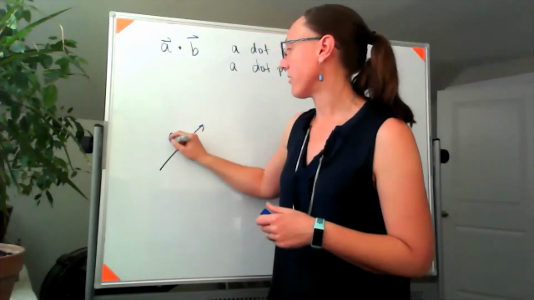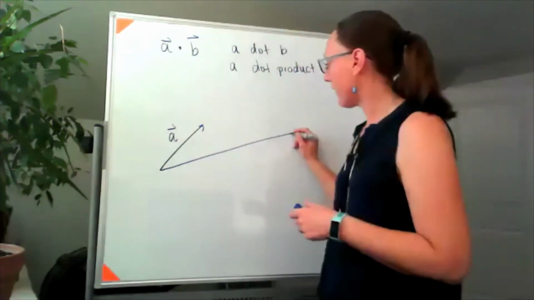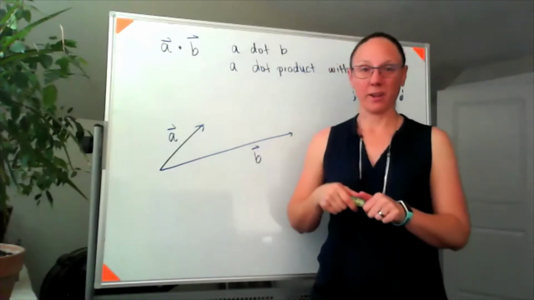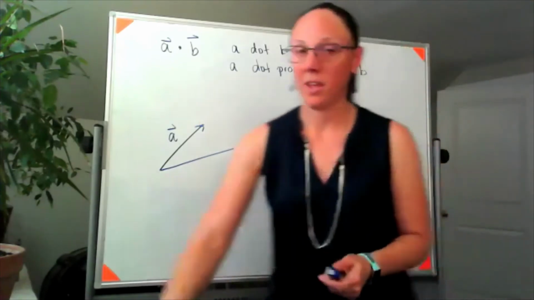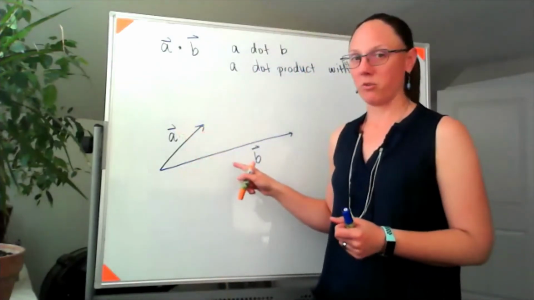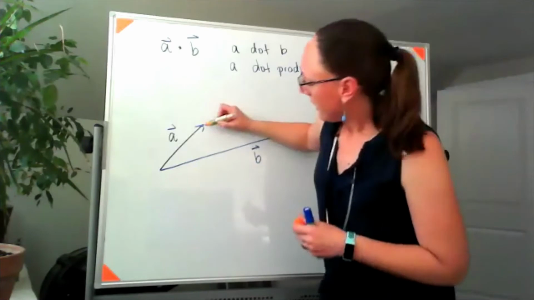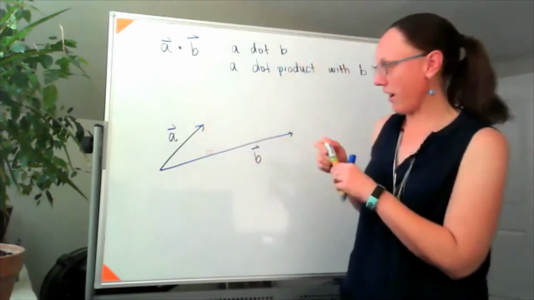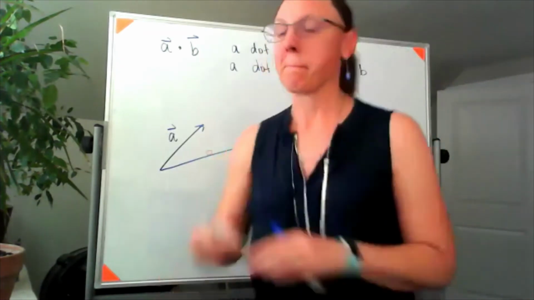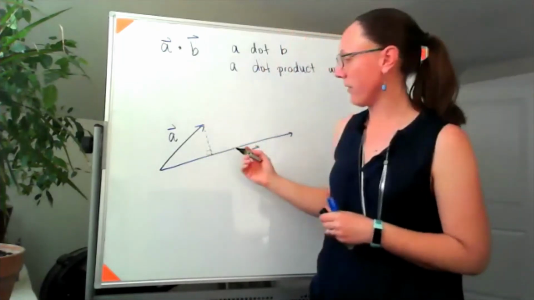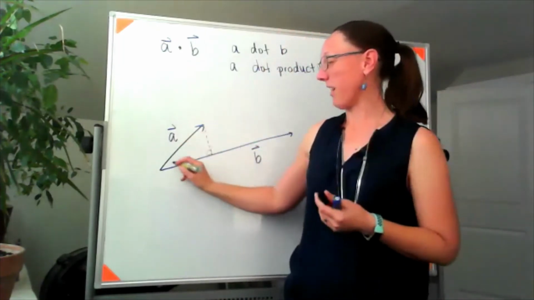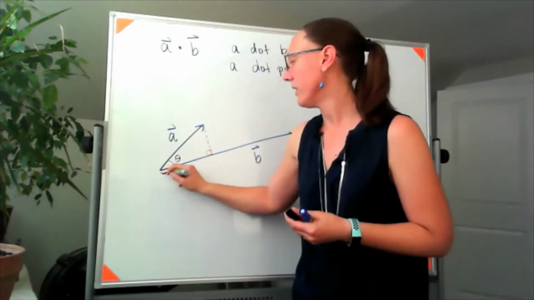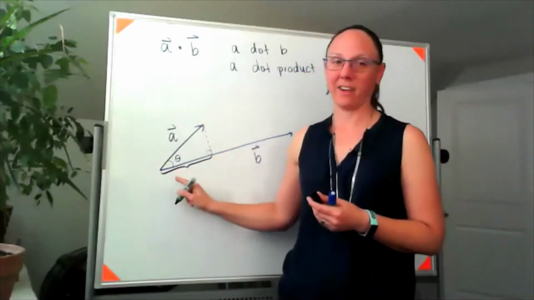So if I have a vector A and another vector B, there are times when I might want to know how much of A is moving in the direction of B. Meaning, if I were to draw a right triangle in here, and have some angle A there, what would this length right here be?